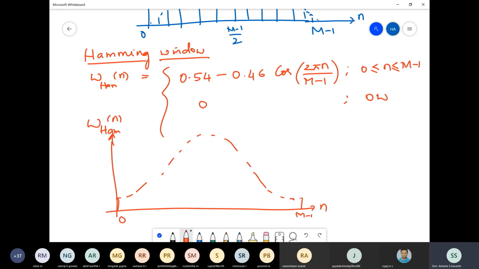The first and last values at m minus 1 are non-zero. Otherwise it is a symmetric bell-shaped window like this. That's a Hamming window. The first and last values are not zeros.